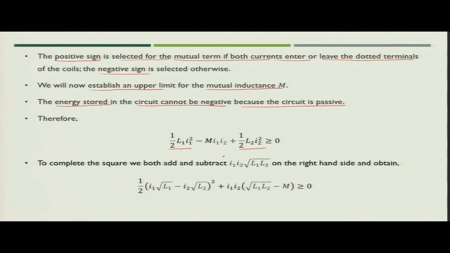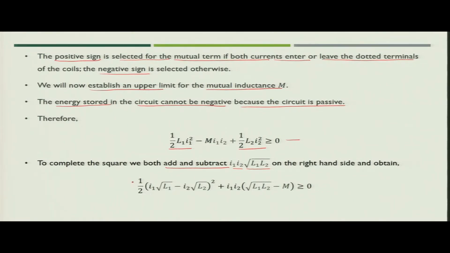To do that, we will add and subtract I1 I2 under root of L1 L2 in the expression. So, when you add as well as subtract I1 I2 root L1 L2, you can simplify the above expression as half I1 into under root L1 minus I2 into under root L2 whole square plus I1 I2 root of L1 L2 minus M greater or equal to 0.